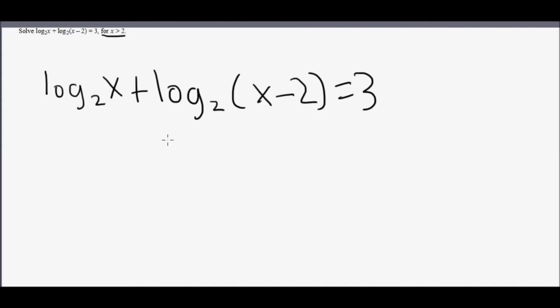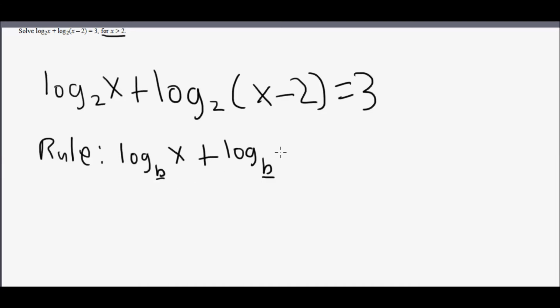Now, a log rule that you guys should be familiar with, and we're going to use this rule, is: if you have log base b of x plus log base b of a, notice that the subscript is the exact same, this is just going to equal log base b of x times a.